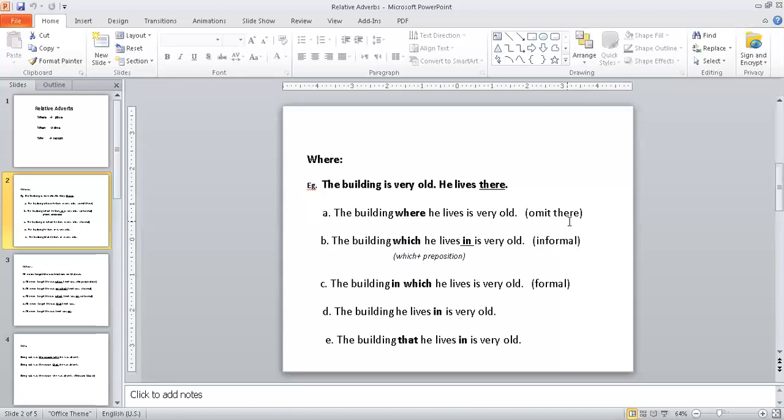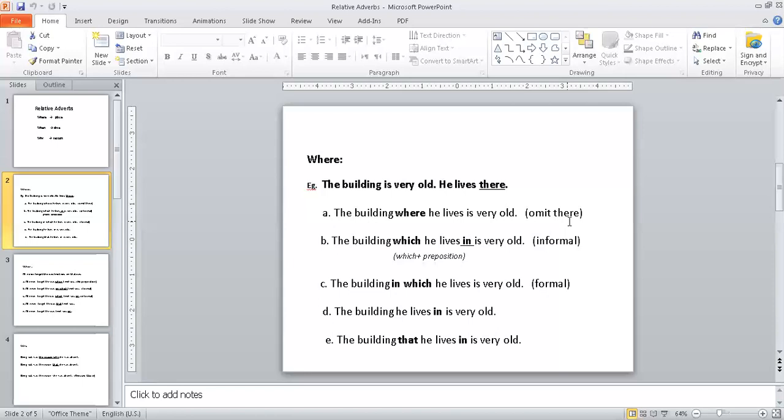Also, you can use that instead of where. E, the building that he lives in is very old. With that, keep the preposition in. So again, the building that he lives in is very old.